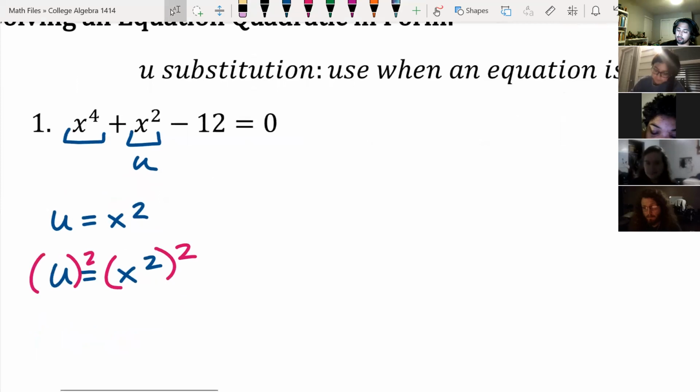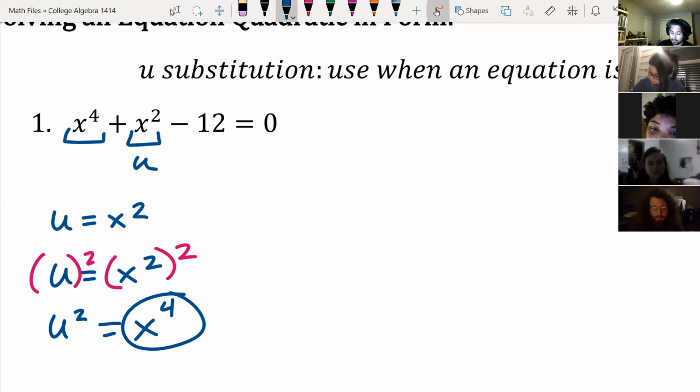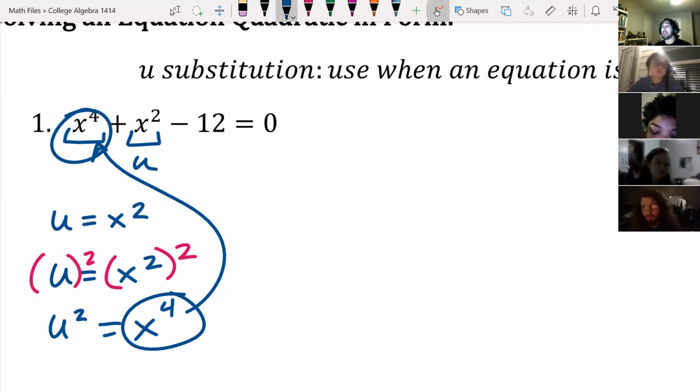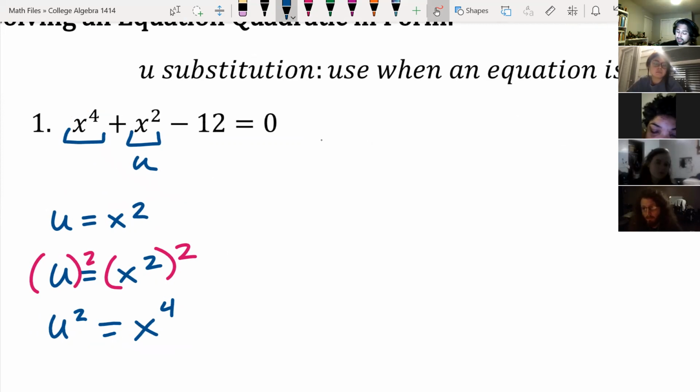Meaning we now get u squared equals x to the fourth. And since we have completed this substitution, we can now state that x to the fourth is going to be covered by u squared.